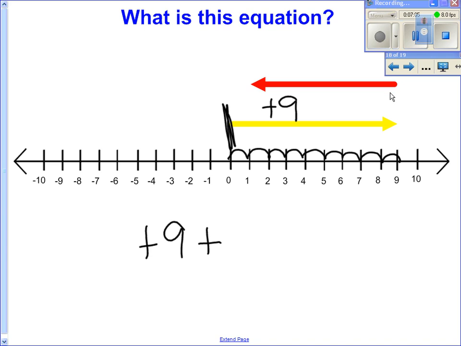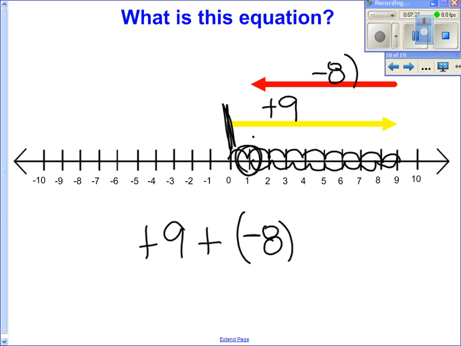Plus, at the end of the first arrow, it's going to the left, so we know that that's a negative. And it went 8 spots to where the second arrow ends. So it's minus 8 or negative 8. It stops at 1, so that is your final answer.